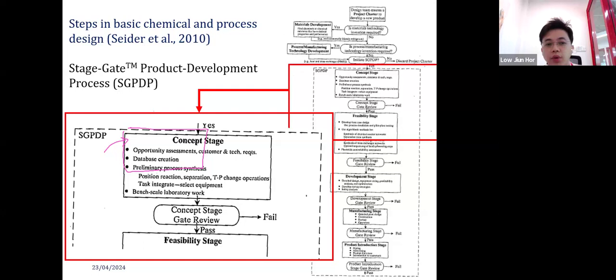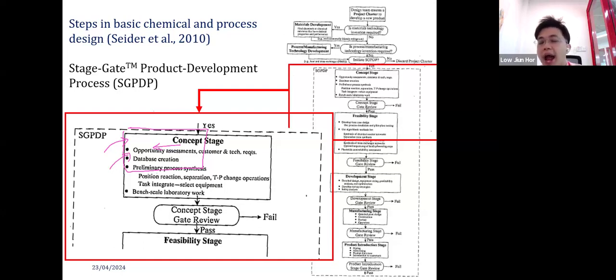After that, you need to create a data bank or database to collect the relevant information that you need in your chemical plant design later. Okay, once it's done, then you can proceed to the preliminary process synthesis.